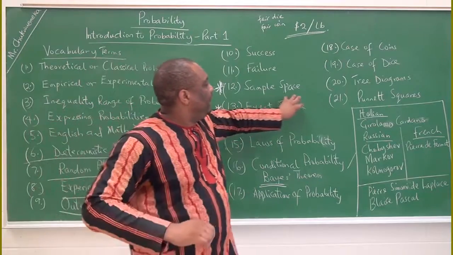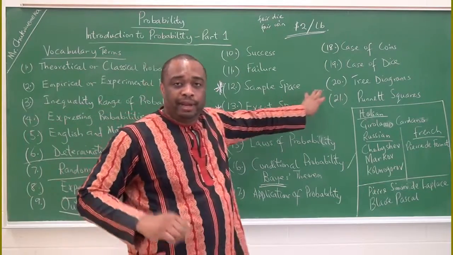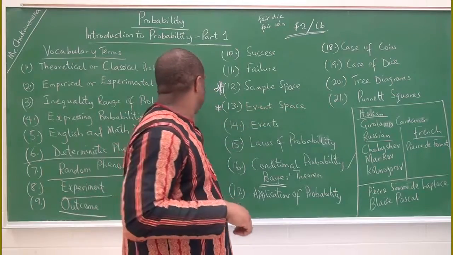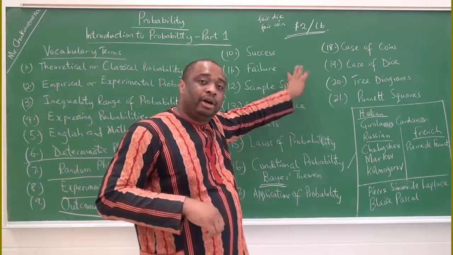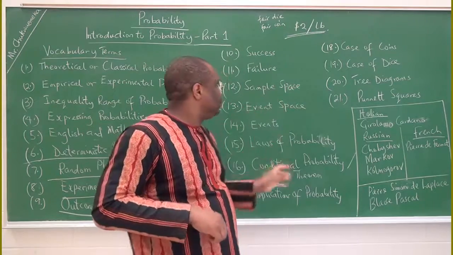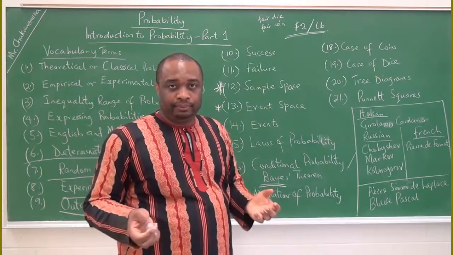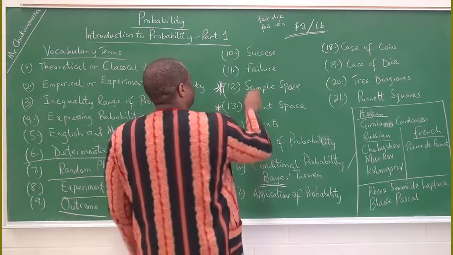That collection of outcomes of a random experiment or random phenomenon, which is also a subset of the sample space, as in set theory, I hope you have an idea of sets, is what we call an event space.